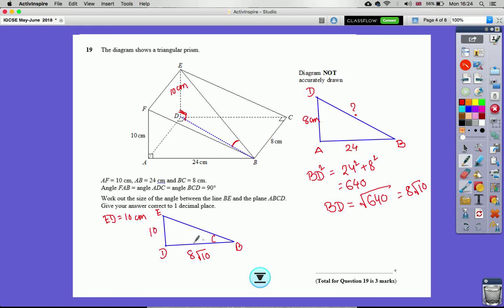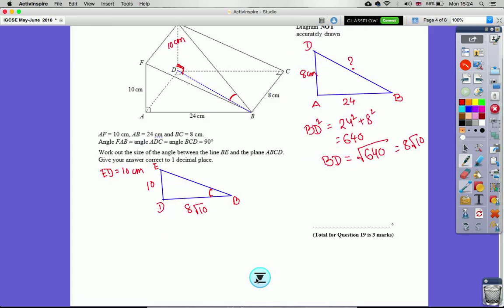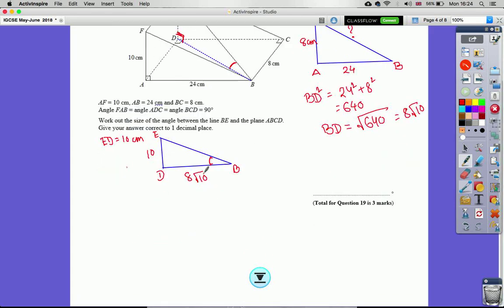I'm looking for the angle over here. If I use SOHCAHTOA, this is the opposite side, this is the adjacent, and that's the hypotenuse. So I'm going to use tan, opposite over adjacent. Let's call that angle theta. Tan of theta is 10 over 8 square root 10.